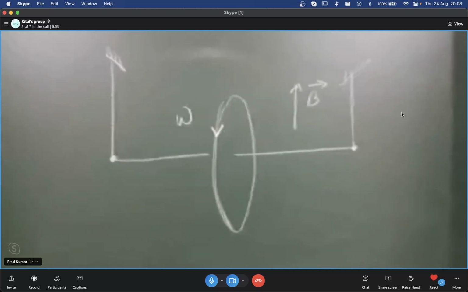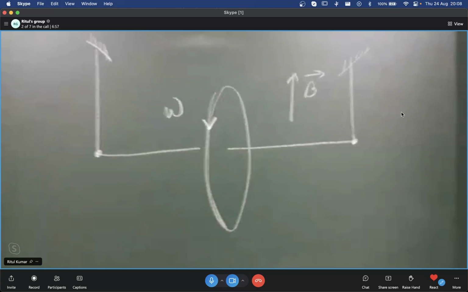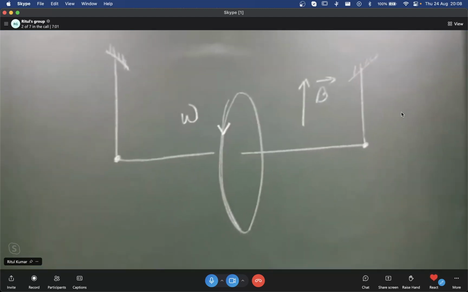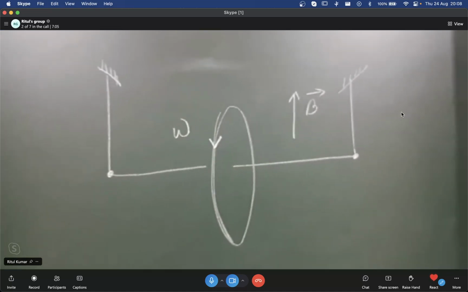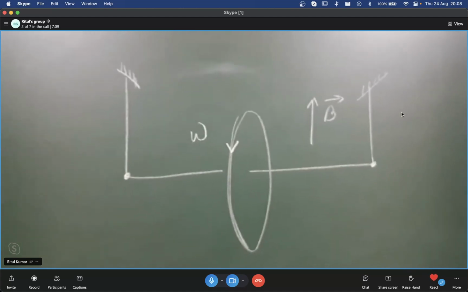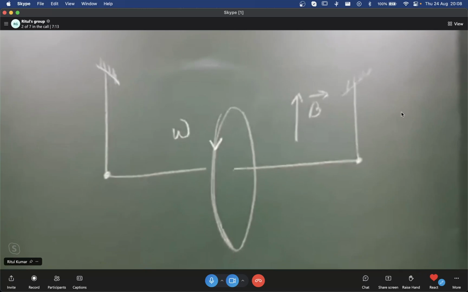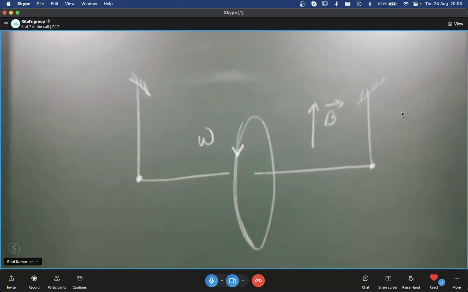The mass of the disk is m. So T0 is basically mg by 2, is what they mean. And the maximum bearable by one of the strings, whichever it may be, is 3T0 by 2. That's given to you. That's the maximum that it can sustain.